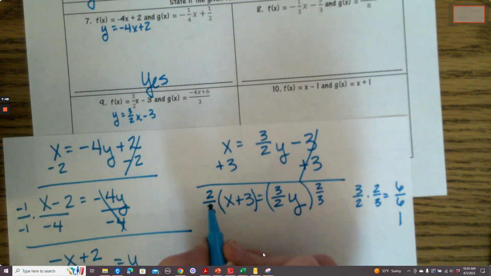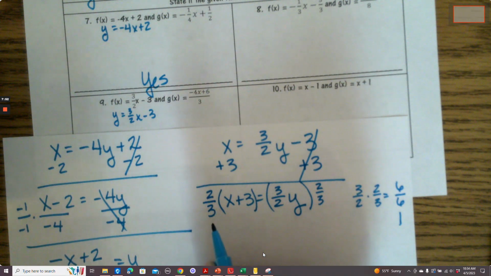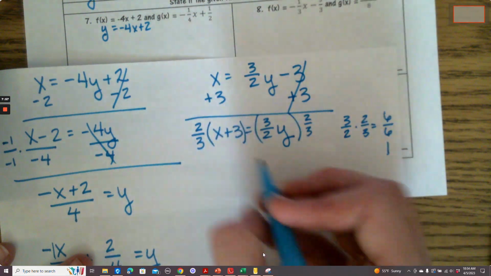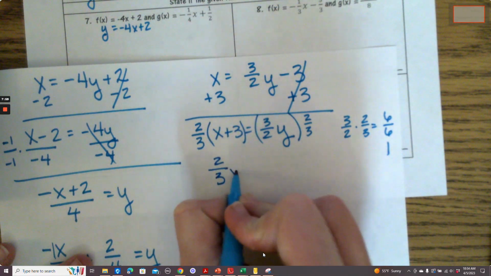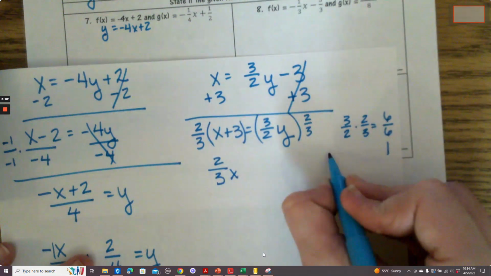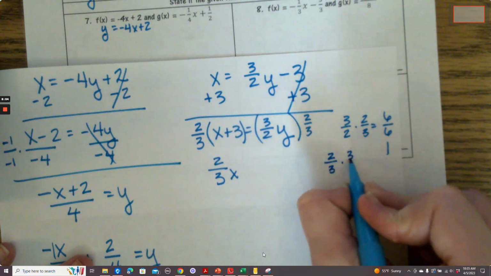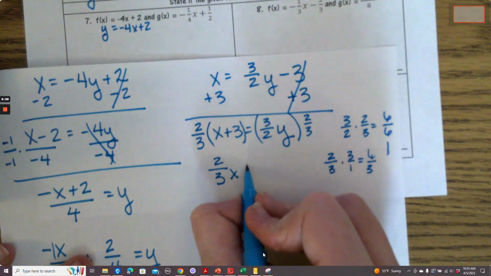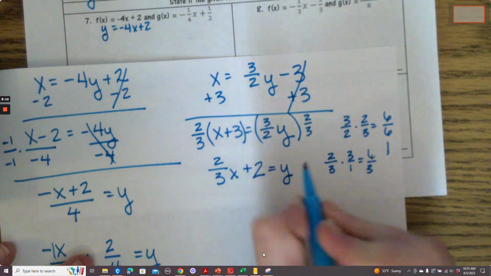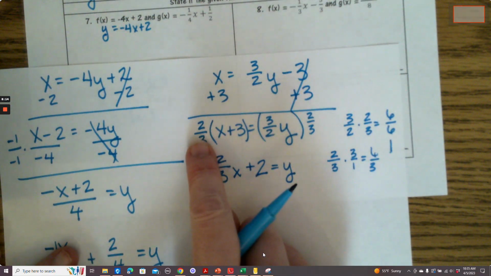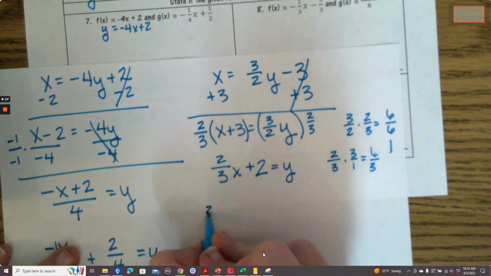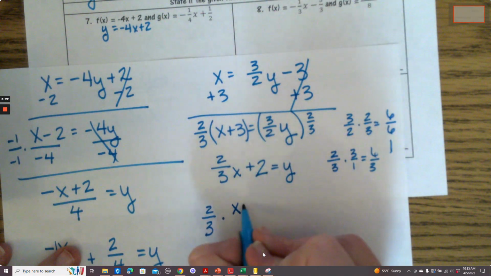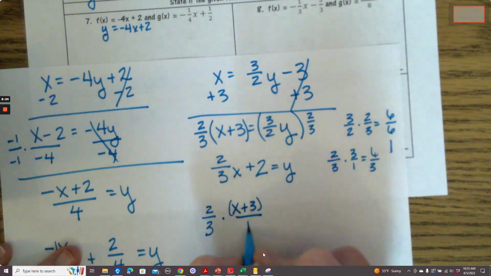Okay, so I'm going to do this instead of making a huge fraction. I've got two options here. I can do 2/3 times x, which is 2/3 x, and then 2/3 times 3 equals 6 over 3, which simplifies to a 2. The other thing I could do is 2/3 times x plus 3, which is the same as x plus 3 over 1.